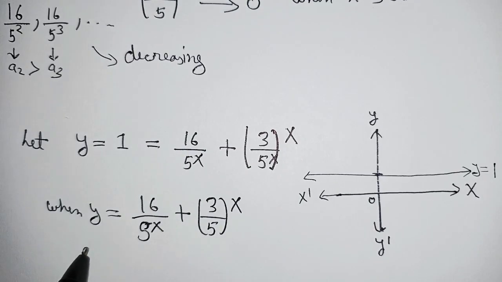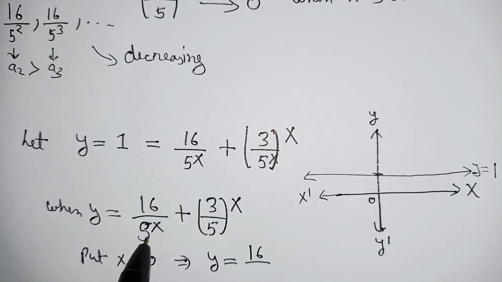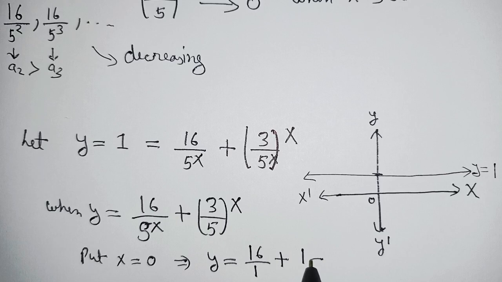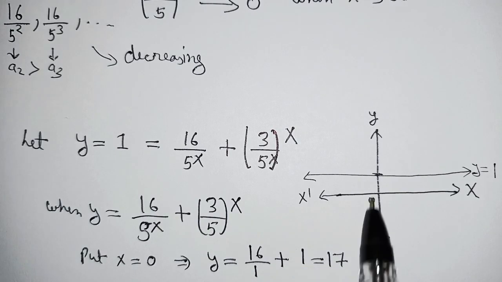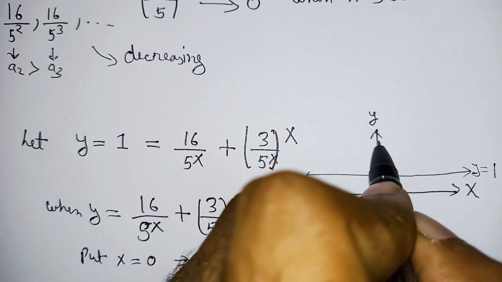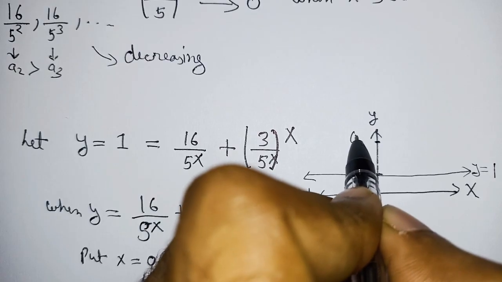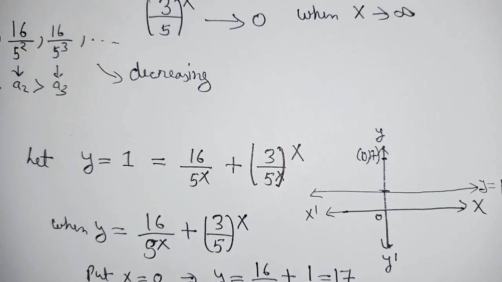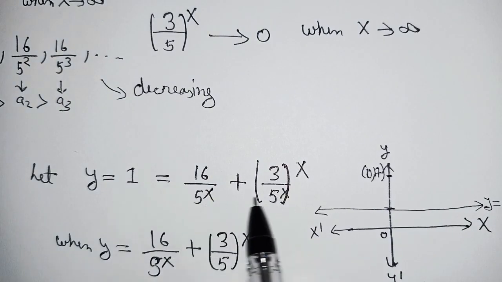When you put x = 0, this implies y will be equal to 16/5^0, which is 1, plus (3/5)^0, which is 1, which gives 17. So on this Cartesian plane we can represent x and y like here. We can say this is the point (0, 17), and we proved that both parts are decreasing sequences.